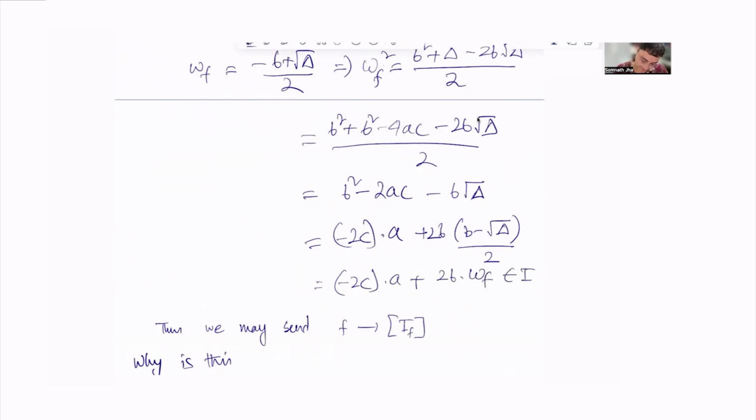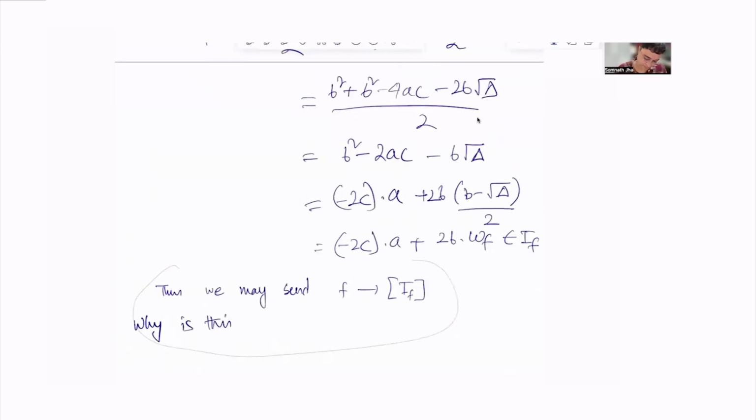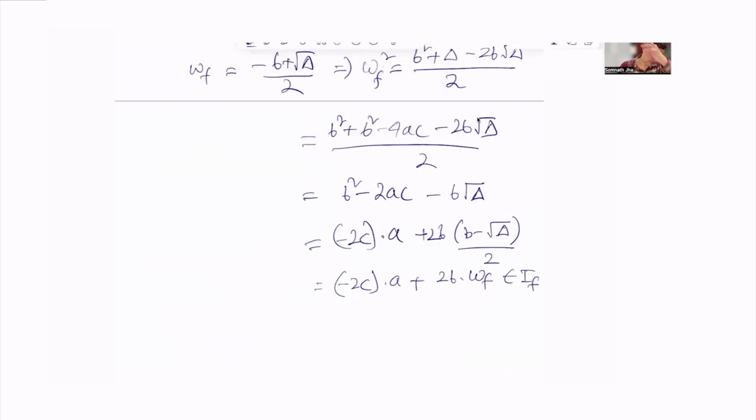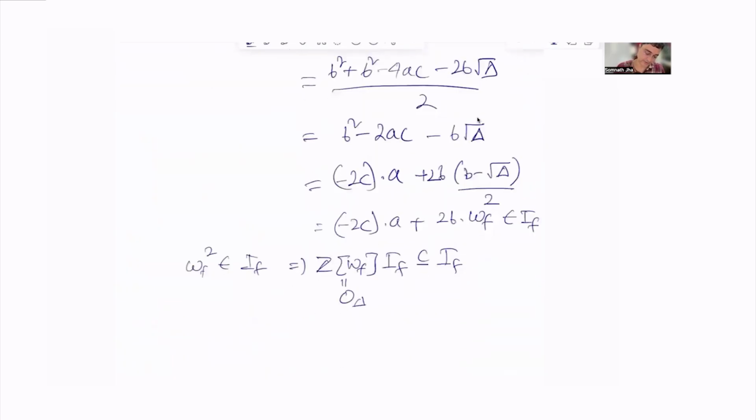So this belongs to I_f, right? So ω_f square belongs to I_f, and this implies Z ω_f times I_f is a subset of I_f, and this was the ring of integers O_Δ. So this implies that I_f is an ideal of the ring of integers.